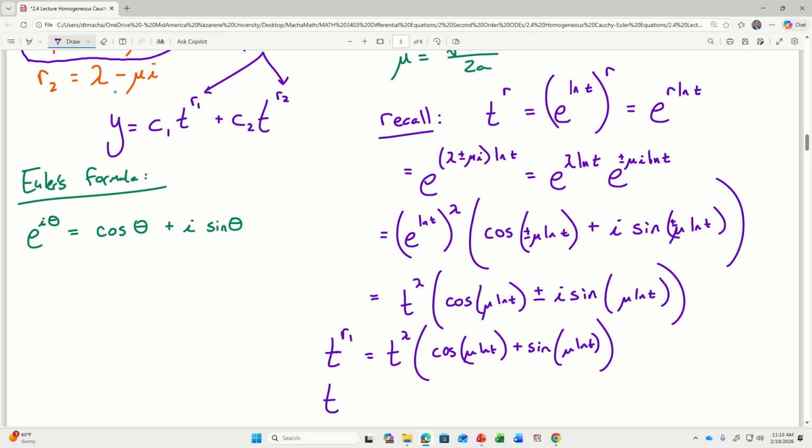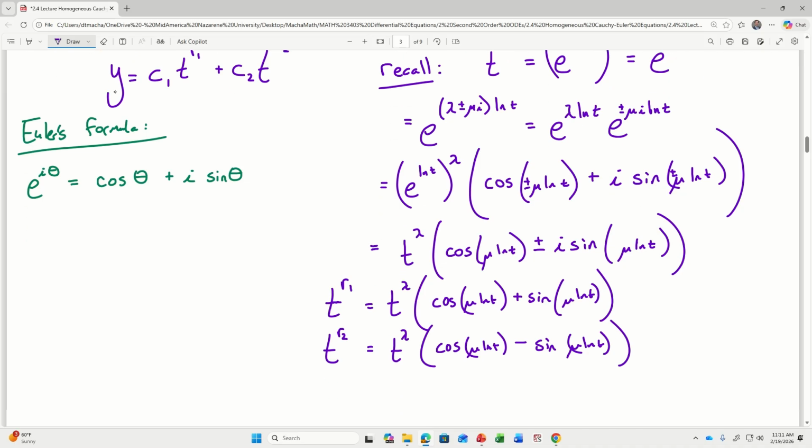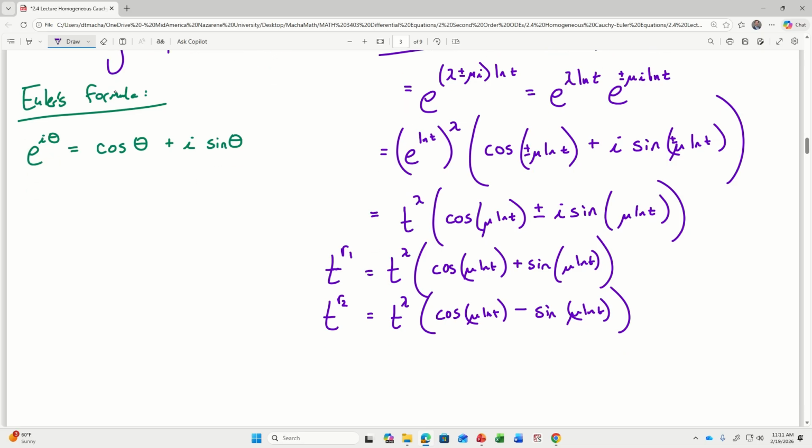And then t to the power r2 is going to be the same thing as t to the power lambda times cosine mu natural log t minus i sine mu natural log t. Sorry, I forgot my i's. Here's an i. Here's an i.